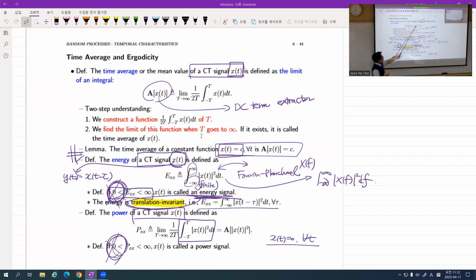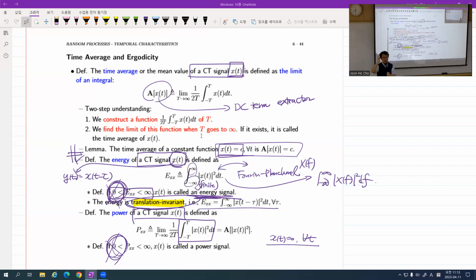However, the problem is that when we just say this is the average of x of t over this period, we may wonder what happens if we take the length of the interval to infinity, covering the whole interval. You must be careful in this definition. For example, sometimes your x of t is not defined on an infinite interval, but on a semi-infinite interval.